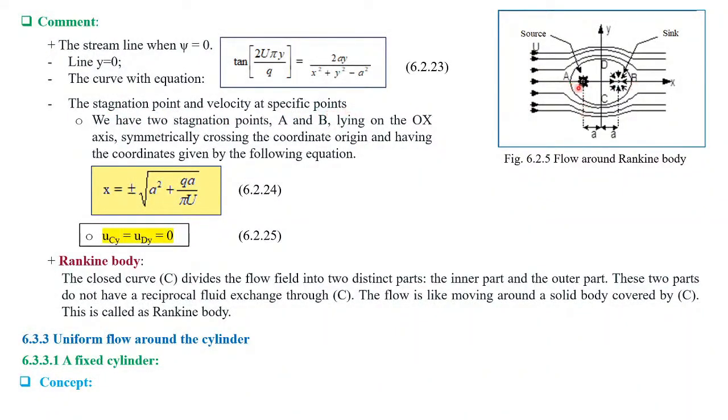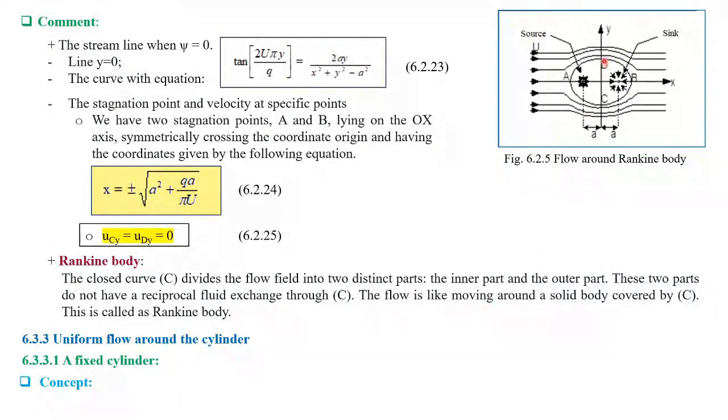At A and B are the stagnation points. That means the velocity here and here is 0. For D and C, the velocity is maximum, but the velocity is parallel to the x-axis, and the component parallel to the y-axis is 0. That means U_Cy equals U_Dy equals 0.